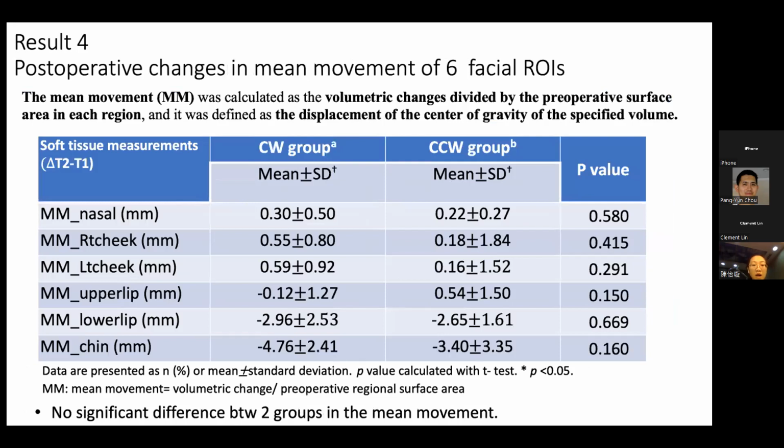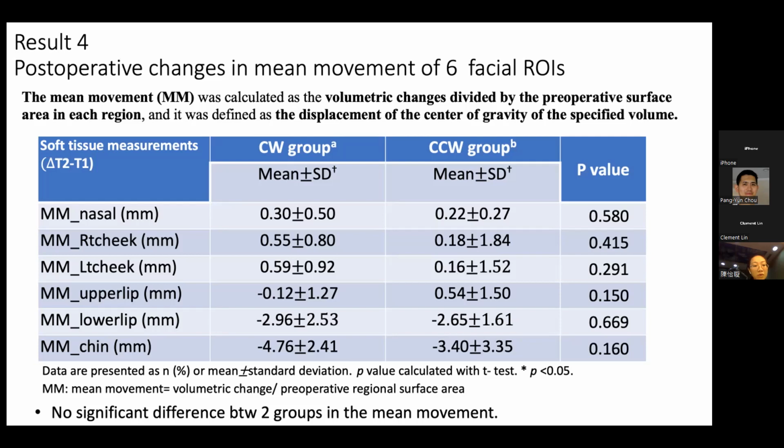We also calculated the mean movement of these 6 facial regions. The mean movement was calculated as the volumetric change divided by the preoperative surface area of each region, and it can be defined as the displacement of the center of gravity of each region.